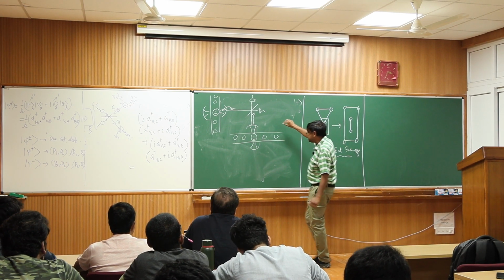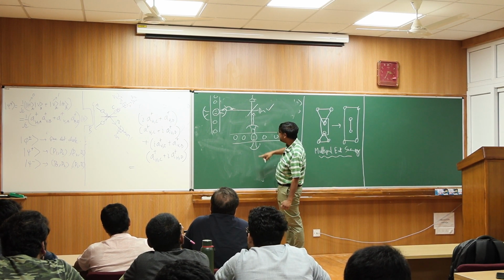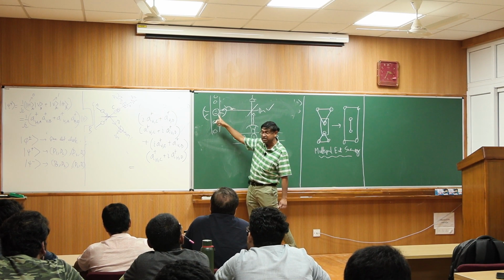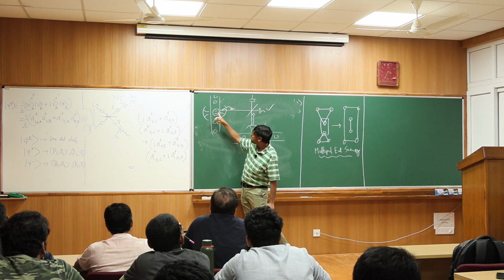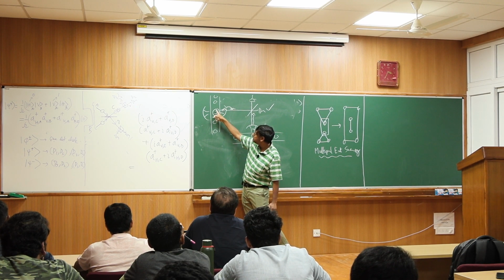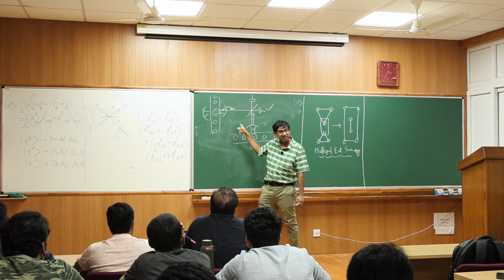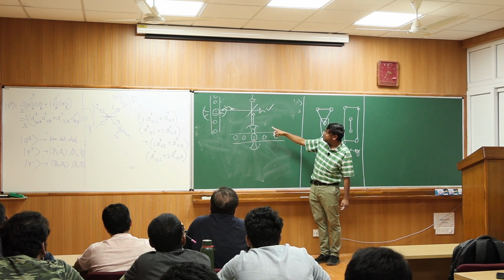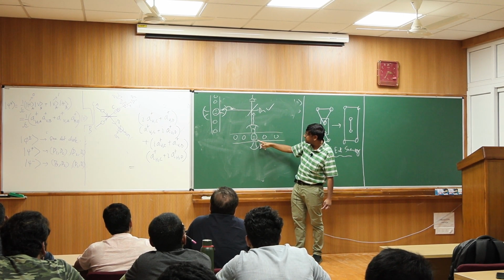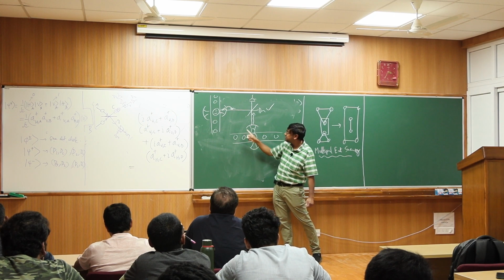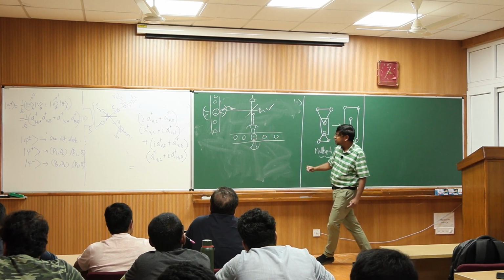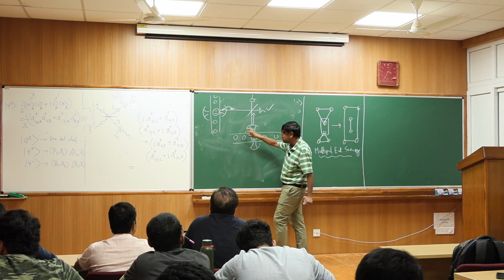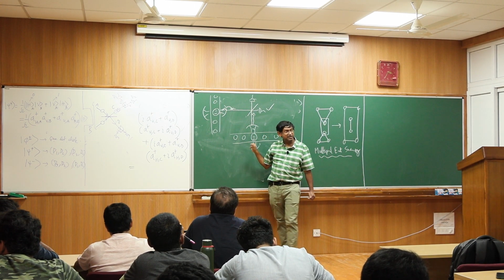When you detect one photon here, you don't know where it came from, here or there. You entangle ground state atom, 1 photon, excited state atom, 0 photon. Similarly here, and then when you detect 1 photon, you don't know whether it came from this or that, so it will be excited ground, ground excited. So this is an entanglement swapping like phenomenon where without moving atoms physically, you can create an entanglement between them.